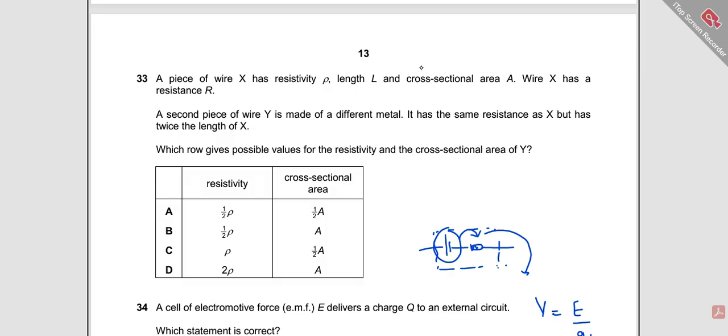Now that we know this, let's first make the equation. We have to find resistivity and area, right? So the equation is R equals rho L over A. This is for the wire X: rho X, Lx, and Ax.